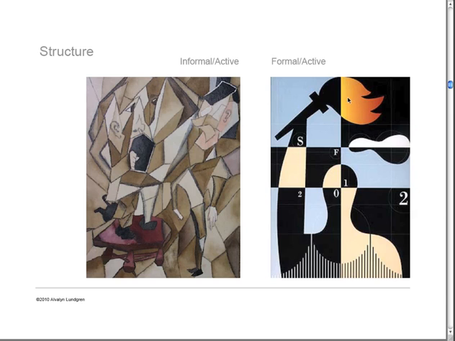And this poster, a proposal poster for 2012 in San Francisco for the Olympics, the structural lines are there, and notice that there's squares and there's rectangles. So basically there is an activity, there is a visual understanding of the structure in the final composition. So this makes it active, and the angles are all right angles and so forth, so it is formal.